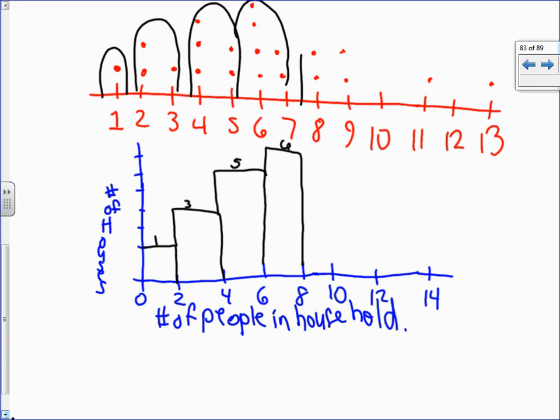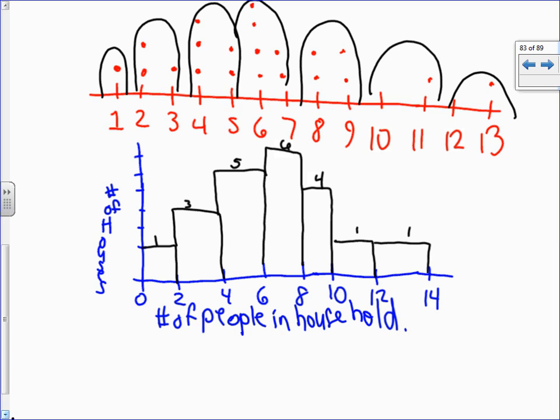Eight to 10, that's 8 to almost 10, so that's 4. And then 10 or 11, I have 1. And 12 to 14, I have 1.